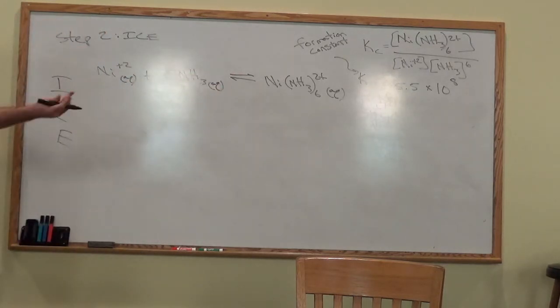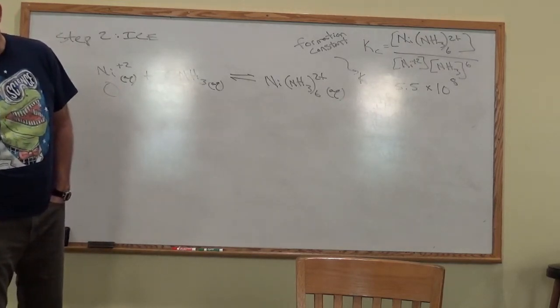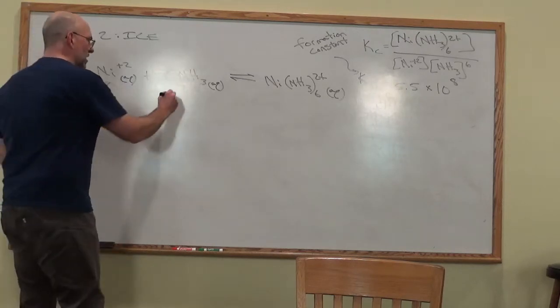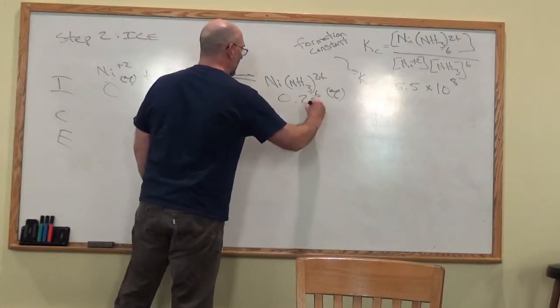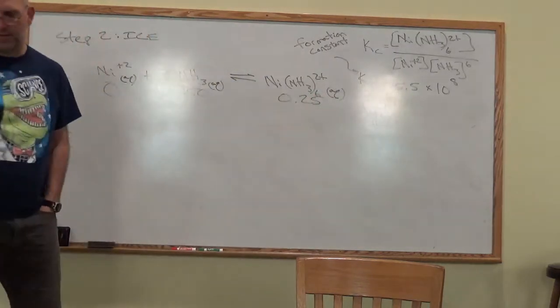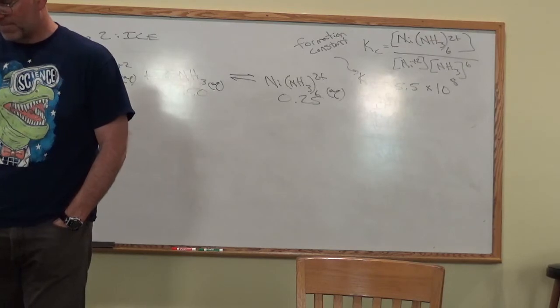I think there may be one where you push it completely to the left because it's a small equilibrium, but anyway, you'll get that. The initial concentration here is 0. The initial concentration for the ammonia is 0.50, and the initial concentration here is 0.25. Excellent. Now we're kind of home free, I think.